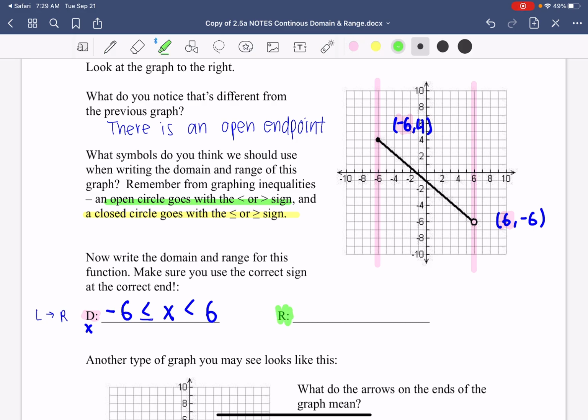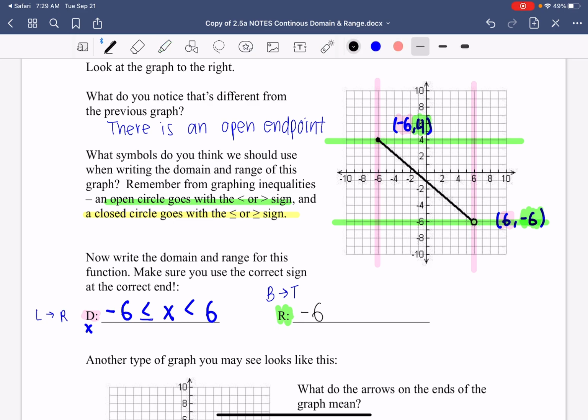Our range, remember, is bottom to top. So we're going to go to the most bottom this point gets, which is -6, which again is our y value. So that goes first. And then the most top this point gets is at +4, which again is our y coordinate of our top point.